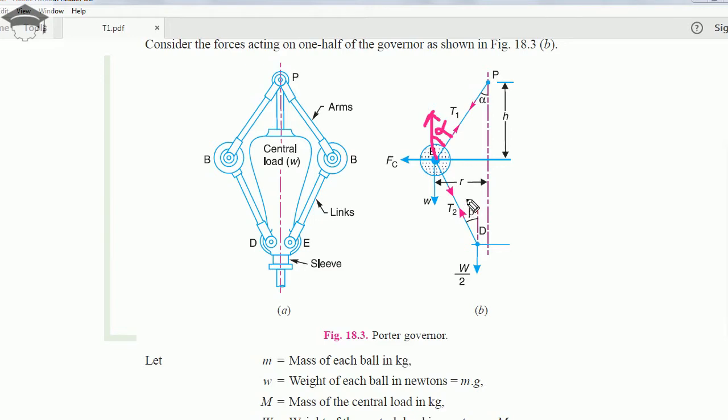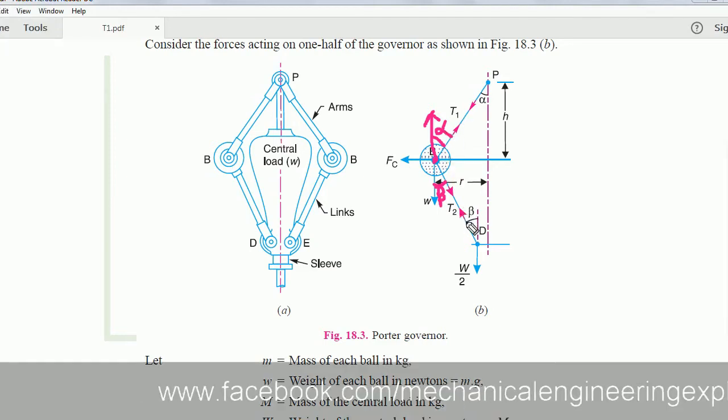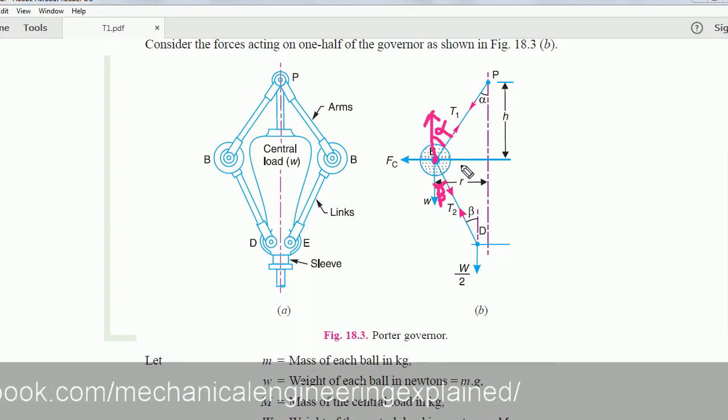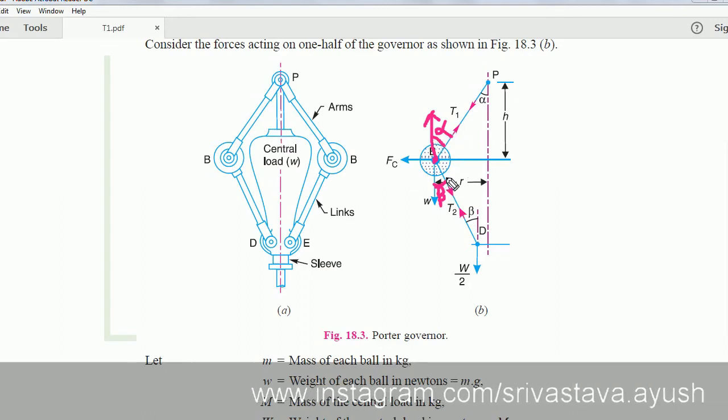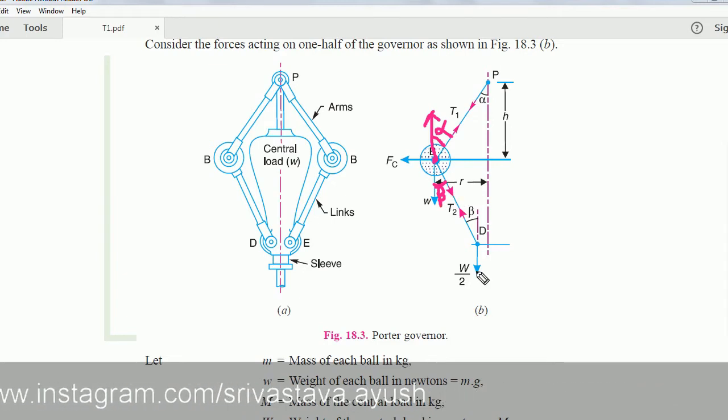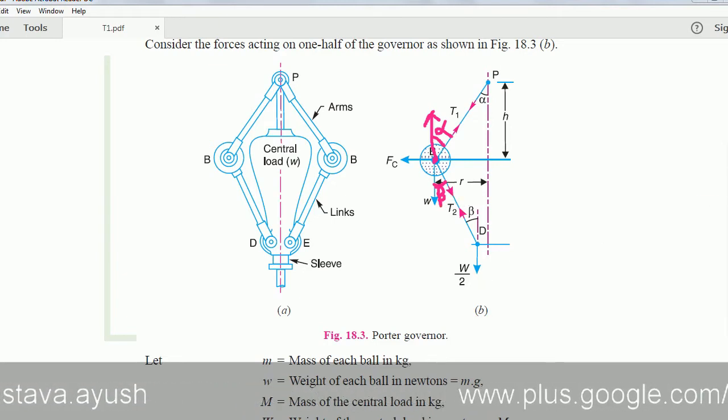Whereas this angle is beta, so this angle is also beta. So finally, at this point when we are balancing the forces, in x direction it will be Fc equal to T1 sin alpha plus T2 sin beta, and in y direction it will be T1 cos alpha equal to T2 cos beta. The two relations we are getting.